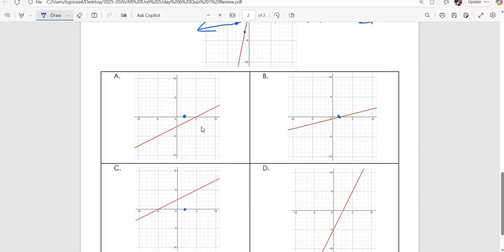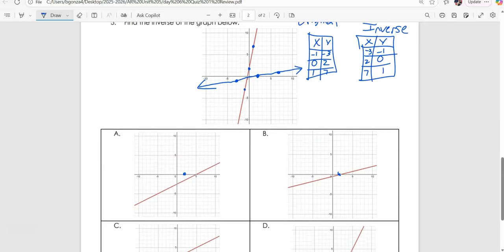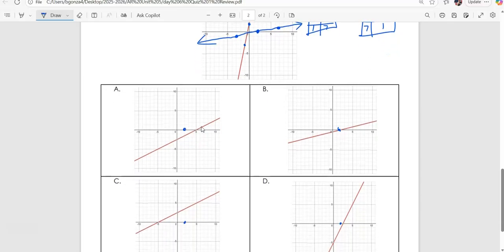Not this one. Not this one, technically. Okay, so, but if you want to double check that last one, what about negative 3, negative 1? Negative 3, negative 1. That's not on this one. So it can't be there, can't be there, can't be there. It's got to be B. Okay, negative 3, negative 1. And then, yeah.